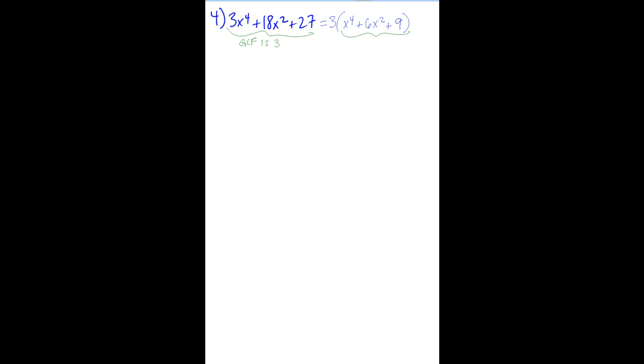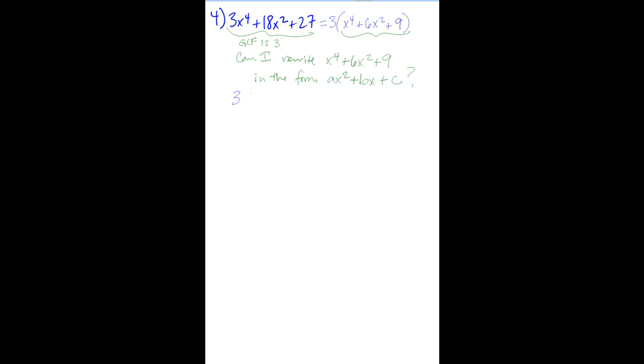Well, I notice that this has 3 terms. So I might want to ask myself, can I rewrite x to the 4th plus 6x squared plus 9 in the form ax squared plus bx plus c? Is that possible? Well, let's try it.